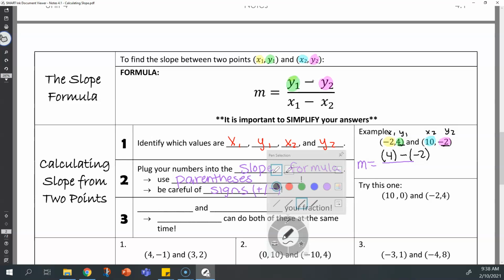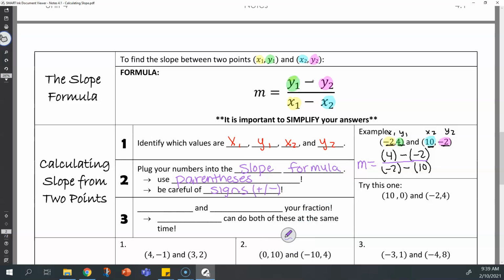Then on the bottom, I've got x1 minus x2. Okay, in this example problem, x1 is negative 2 minus x2 is 10. Fortunately for us, this is all the work that we have to do.